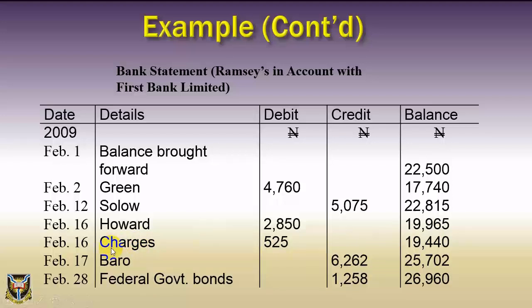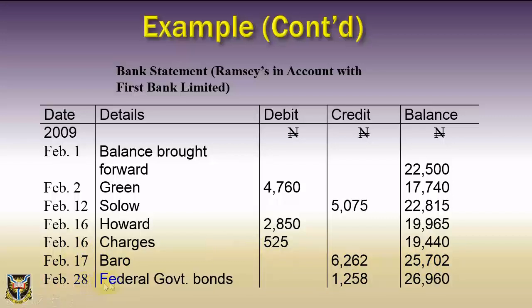February 16. Details: charges 525. Balance 19,440. February 17. Borrow, credit 6,262. Balance 25,702.